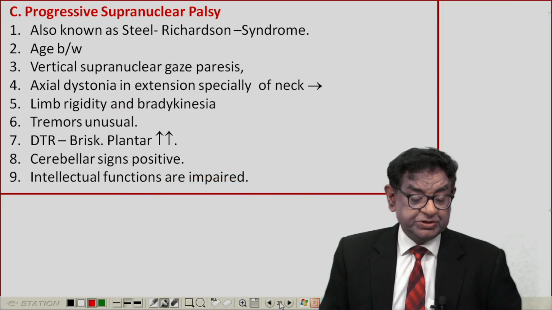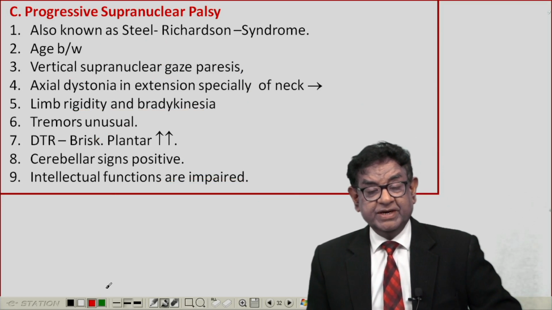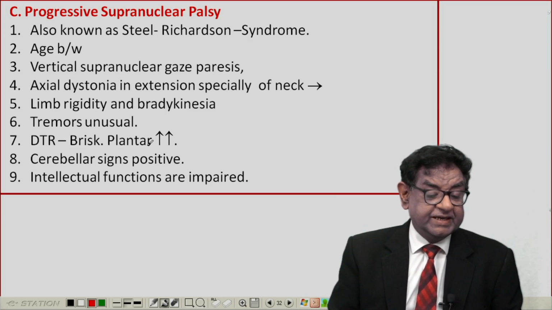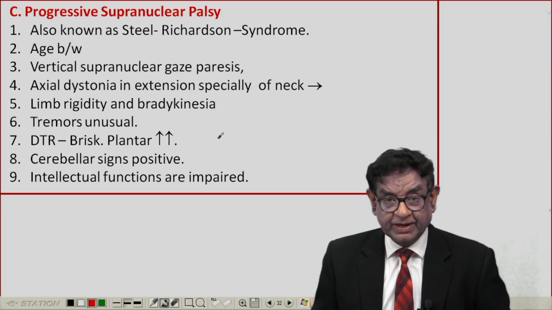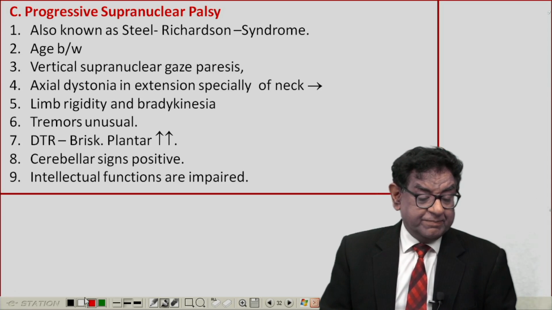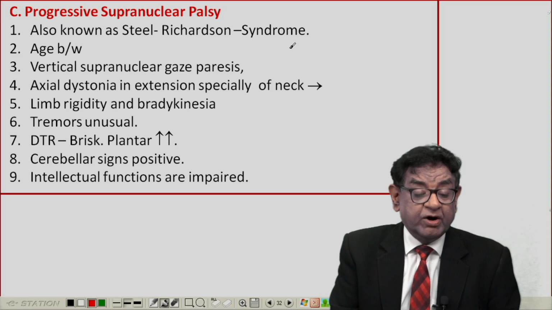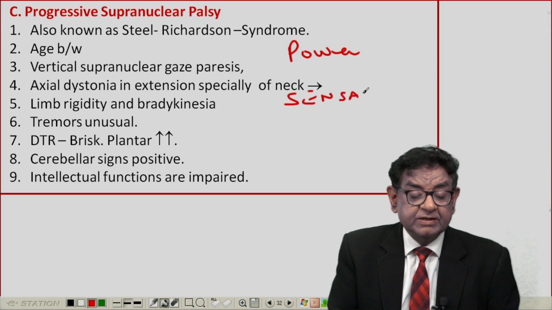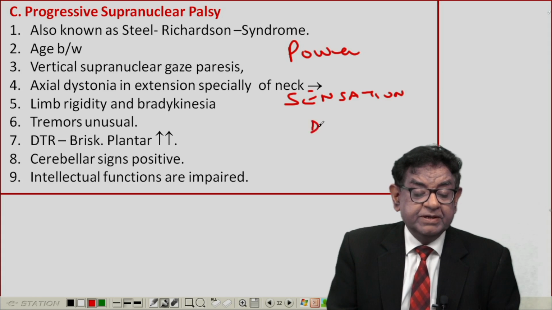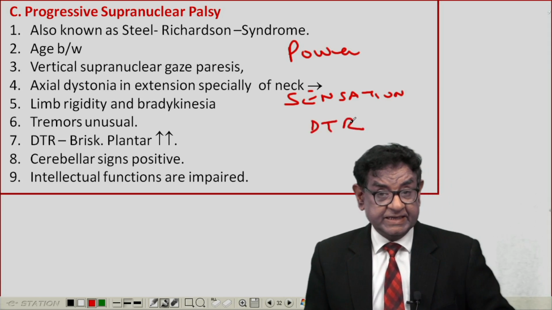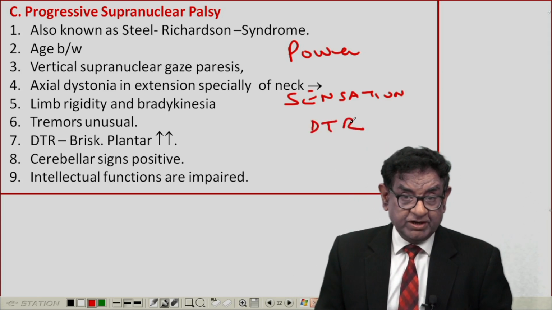Now I have a question for you. We have read the disease, and we read that in this case plantar reflexes are upgoing. Now tell me what happens to power, sensation and deep tendon reflexes in Parkinsonism. You can stop the video and write down the answer.